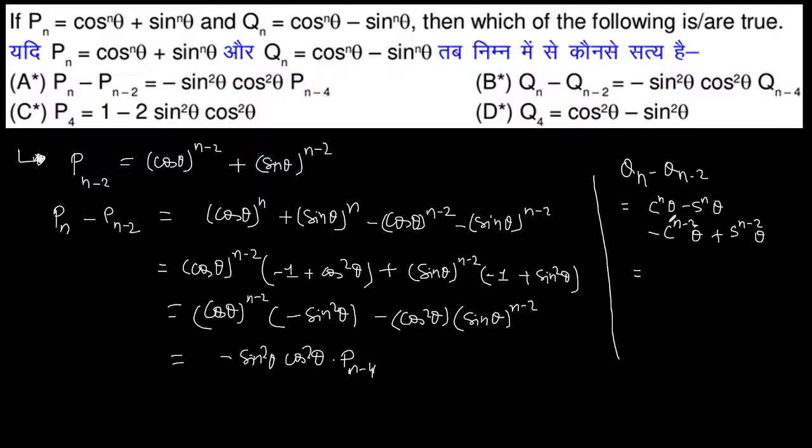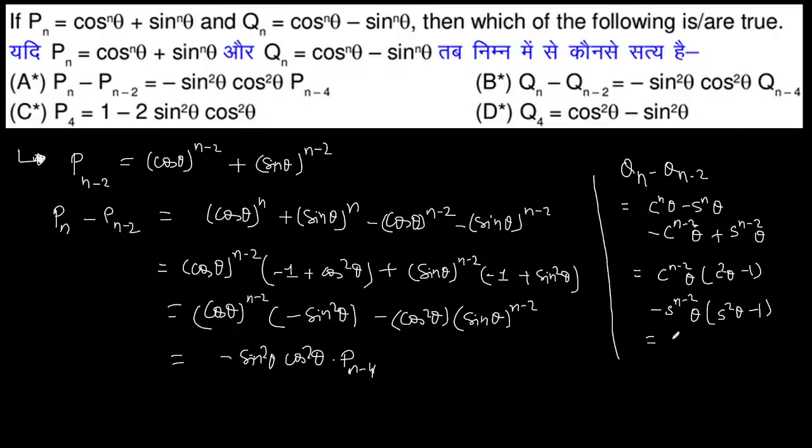If you take cos n minus 2 theta common, it is nothing but cos square theta minus 1, and sin n minus 2 theta times sin square theta minus 1.